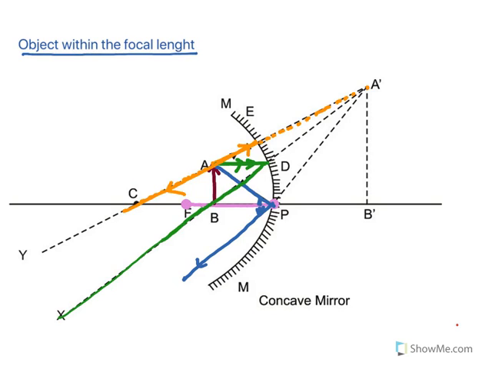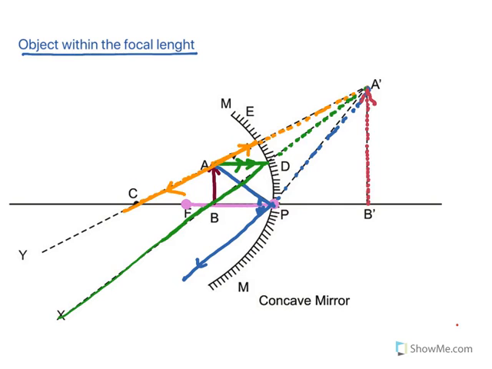Now all these three rays, when you produce them backwards, they will not meet in the front because they are diverging. When you produce them backwards in this manner, you will find they appear to meet at this point here. So here is the image. I am doing a dotted image because the rays appear to meet.